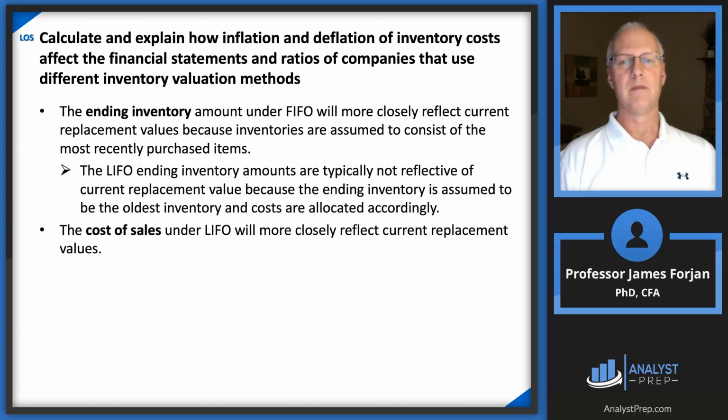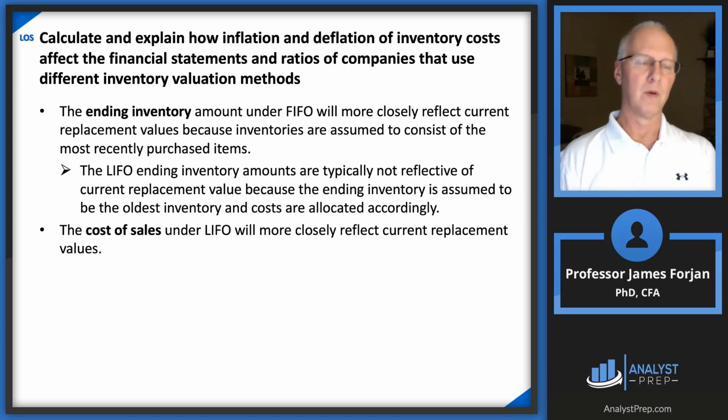Now, how about ending inventory? Let's focus on that far right column. If we're assuming the FIFO valuation method, then what that means is that the first ones in are the first ones out, which means that the ending inventory is going to very closely, if not perfectly, match the replacement value of the inventories.